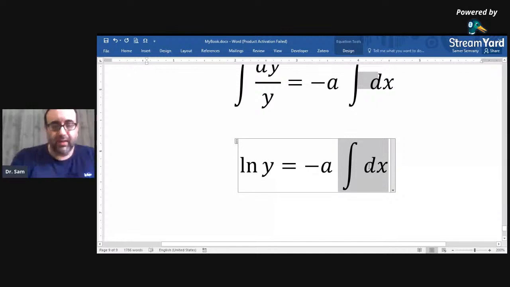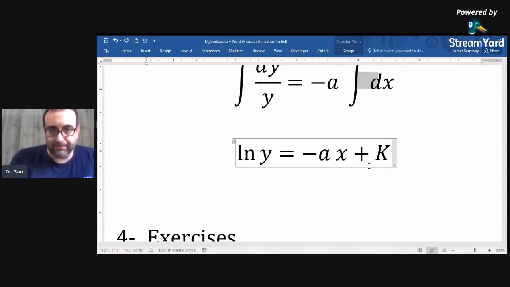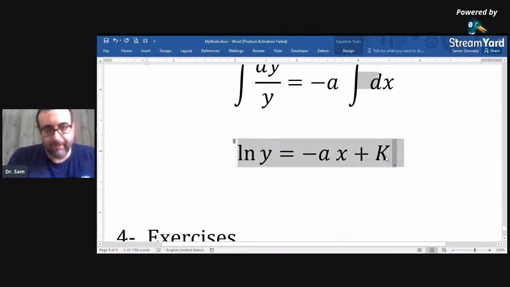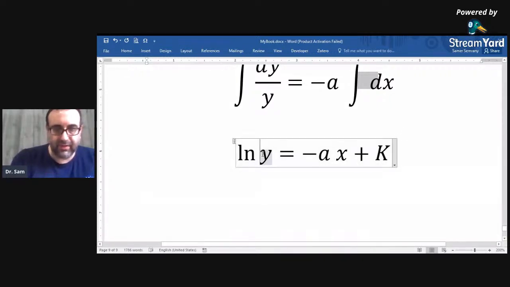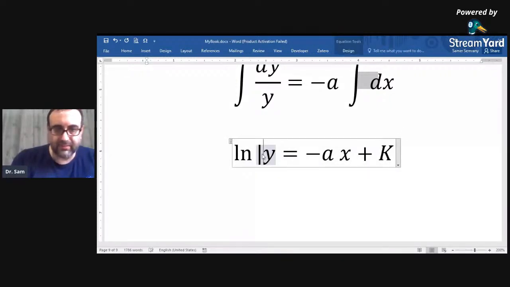Now I can put the exponential on the two sides. So this here is the absolute value of y, in fact.